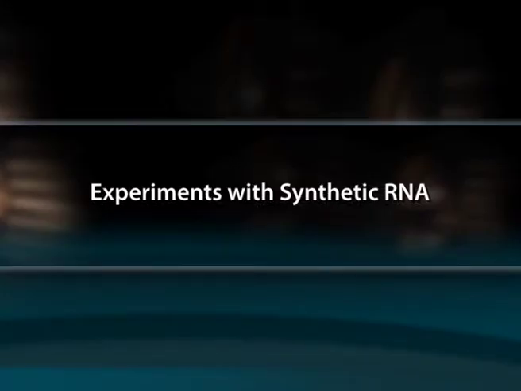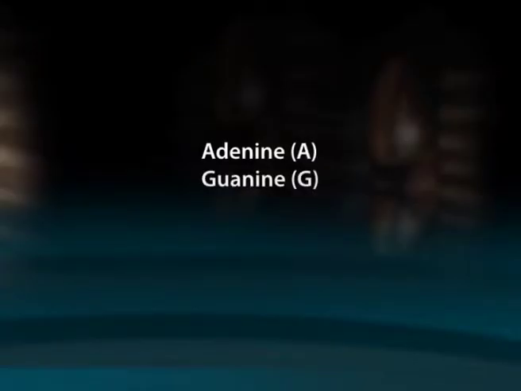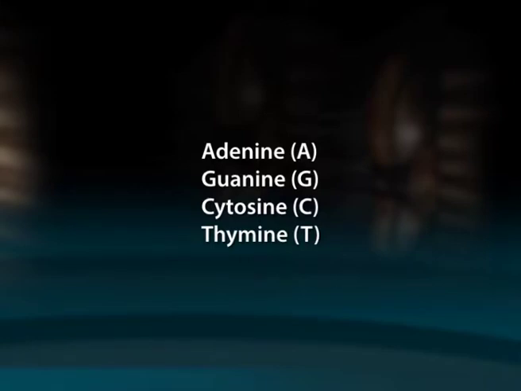Experiments with synthetic RNA: Nirenberg and Heinrich Matthaei, a postdoctoral fellow from Germany, began their experiments by studying DNA and RNA molecules. In DNA, the nucleotides are adenine, guanine, cytosine and thymine. In RNA, uracil replaces thymine, the basic molecular units that are strung together to form long linear molecules of DNA and RNA.